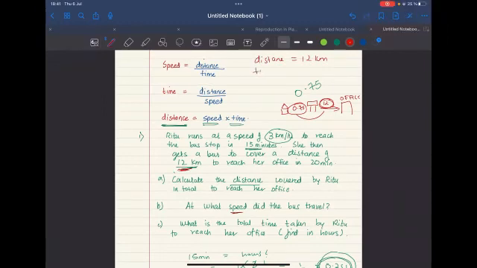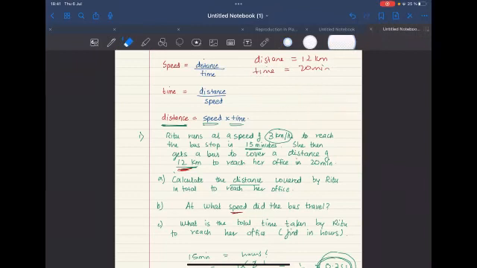Time is 20 minutes. Now you need to convert 20 minutes to hours. So 20 by 60, which is 1 by 3, which is 0.33.